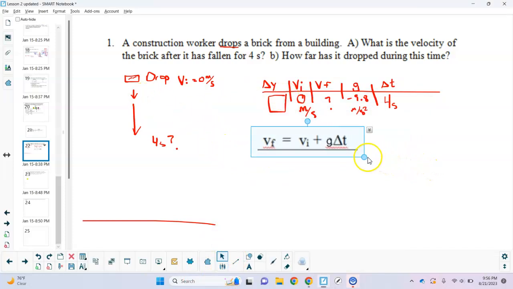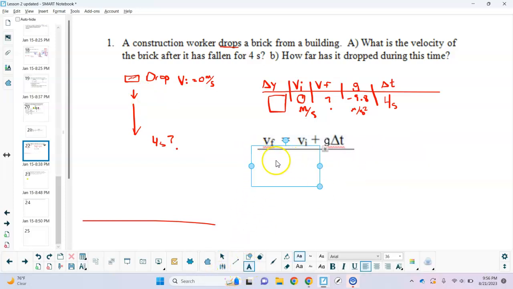So most people are pretty good at this idea. So for Vf, that's what we're solving for, so I'm just going to leave it as Vf there. We're looking for the initial velocity, which is 0, gravity, which is negative 9.8, and then the time is 4.